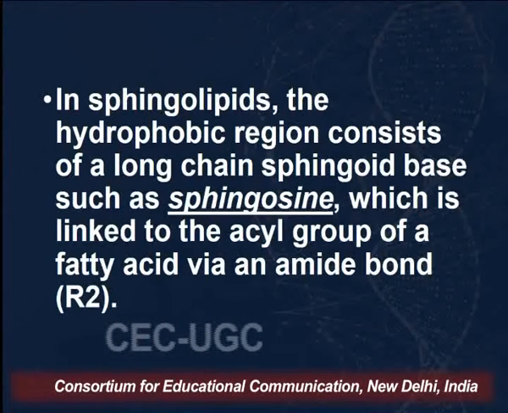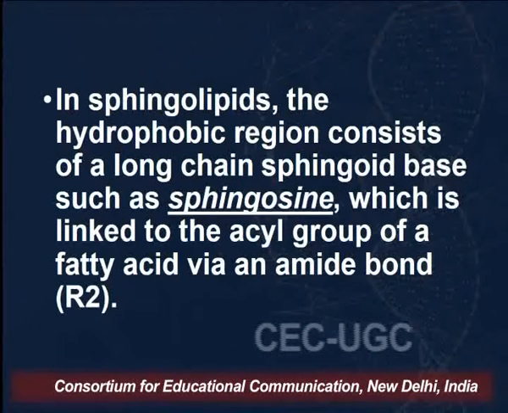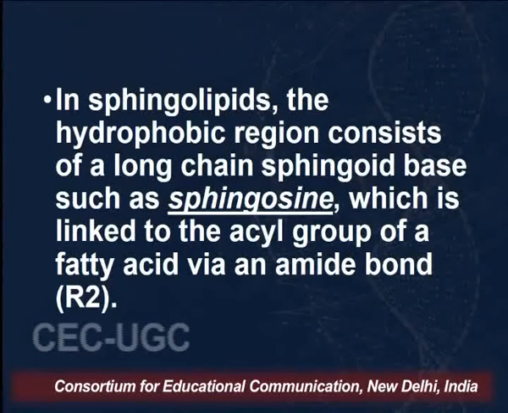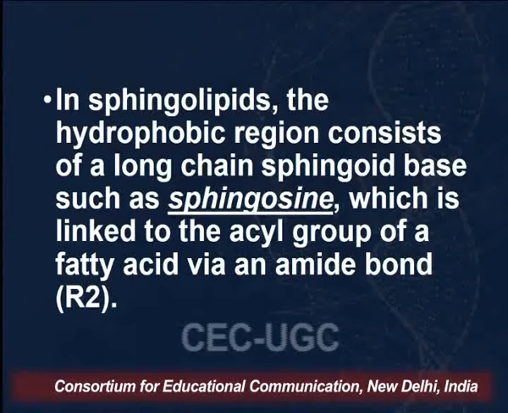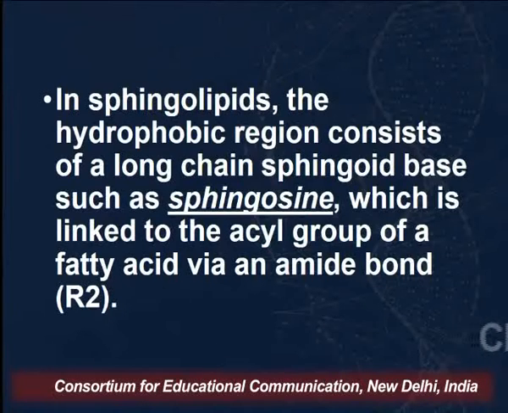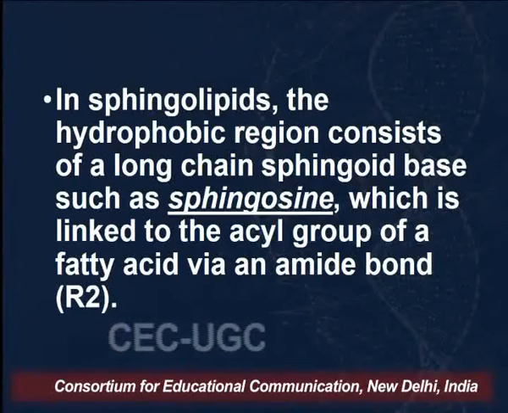lipids, right? So when we talk of sphingolipids, we find that in sphingolipids, the hydrophobic region is made up of a long chain sphingoid base such as sphingosine, which is linked to the acyl group of a fatty acid via an amide bond.